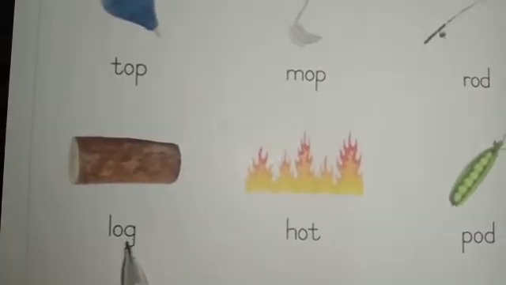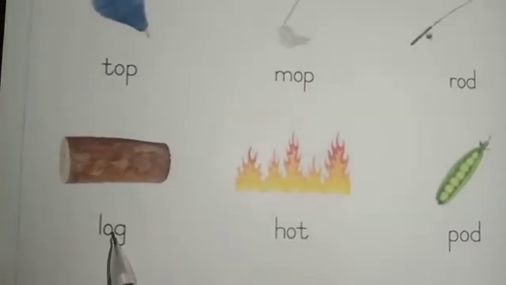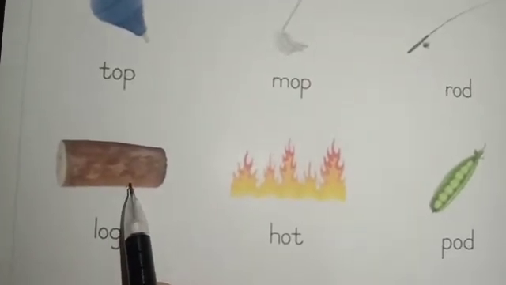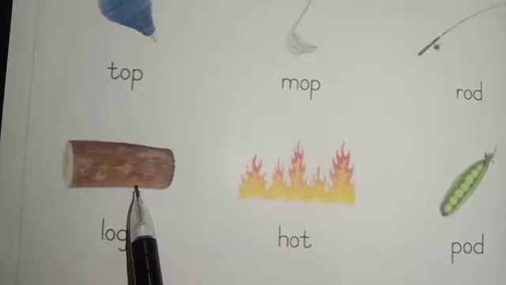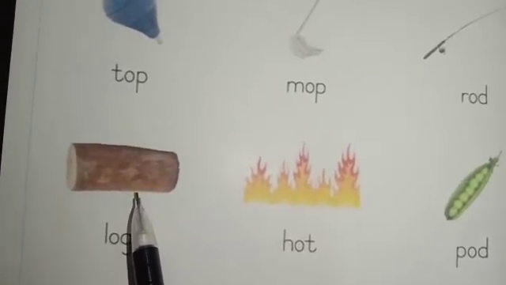L-O-G, log. Log is a thick piece of tree trunk or branch, specially one cut for burning on a fire.